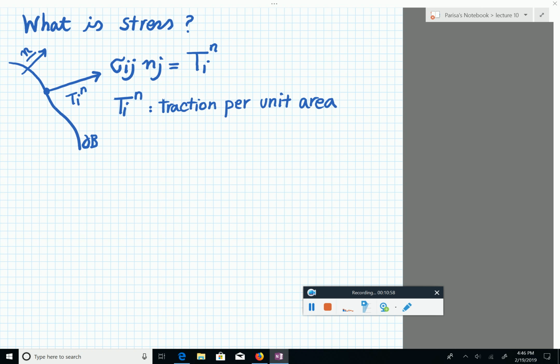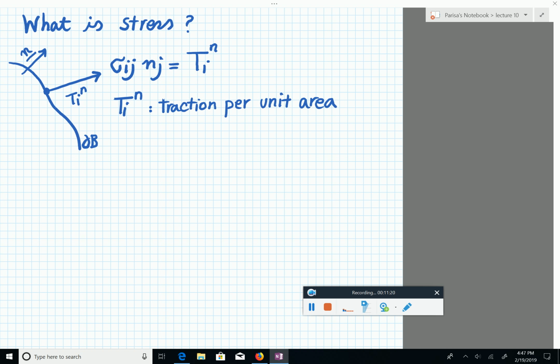Then what is a stress? I bet that a lot of you learned a stress as being force per unit area. But looking here, what is force per unit area is actually T(n). It's not a stress, right? What type of object is a stress? It's a tensor.